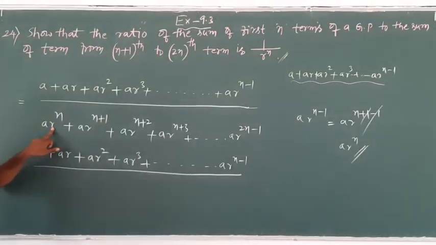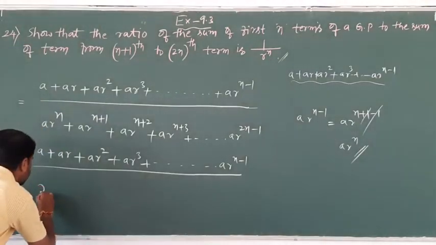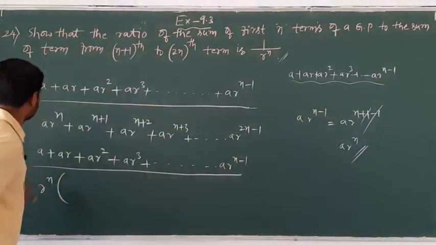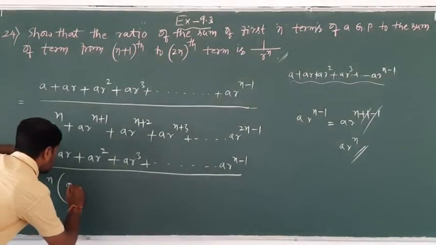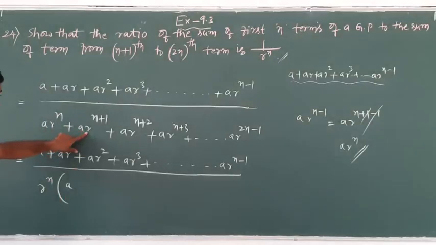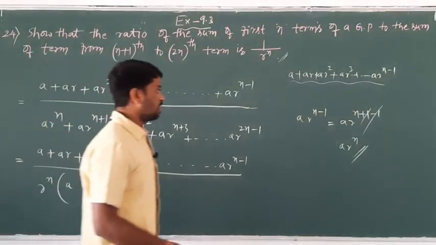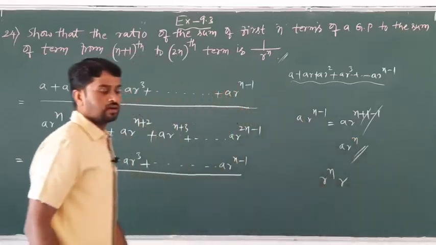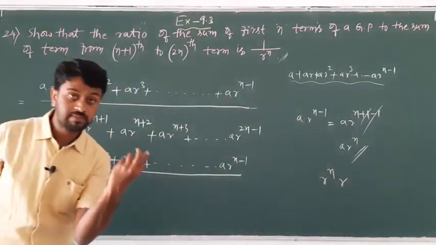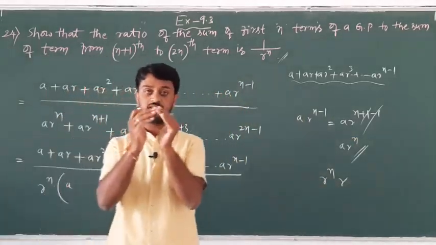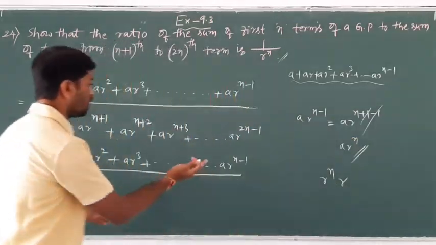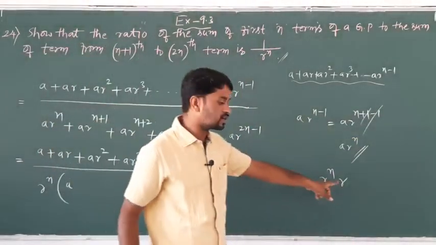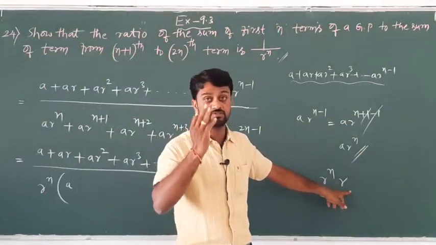What is the common term here? r power of n gets common outside. What is the remaining? a only. But here r power of n plus 1 is there, which is nothing but r power of n into r. A power of m into a power of n is a power of m plus n, so r power of n into r power of 1 is r power of n plus 1.